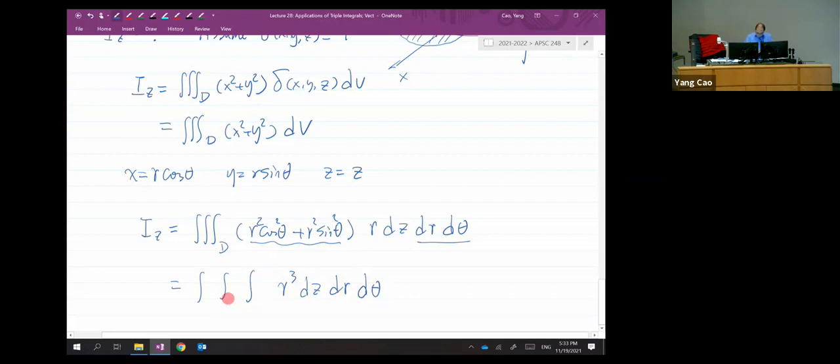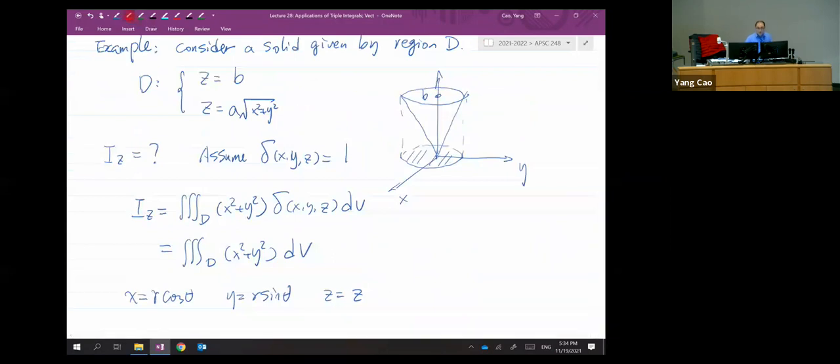So first, let's figure out the limits for z. The steps to figure out the limits: you pick a point inside the shadow, then you draw an arrow line in the positive z-axis direction.